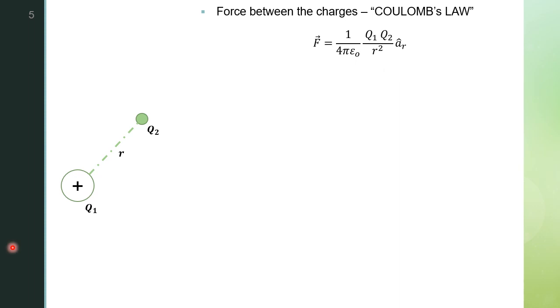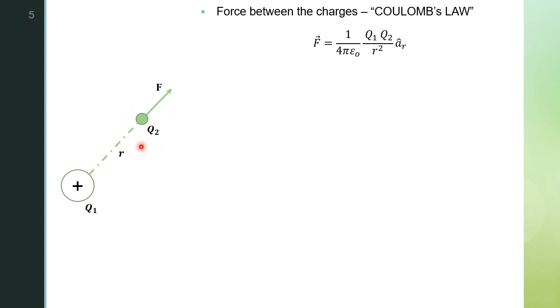The direction of force is along the line joining the charges Q1 and Q2. It will be away from the charge if the force is repulsive, and towards the charge Q1 if the force is attractive.